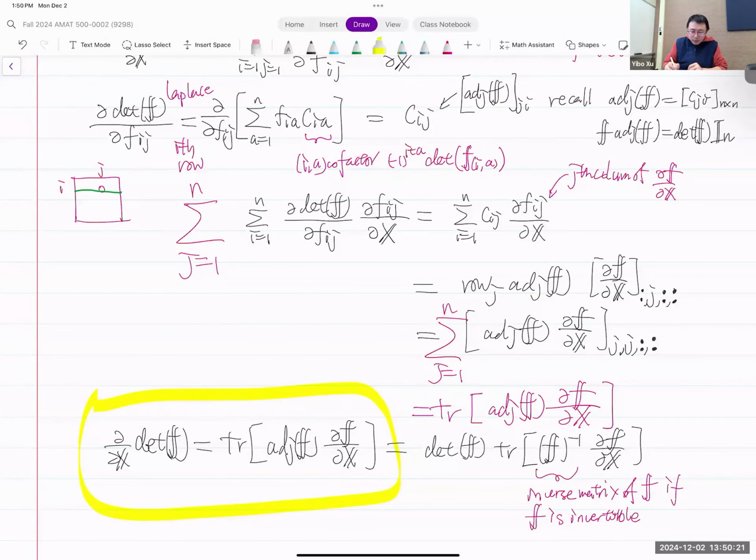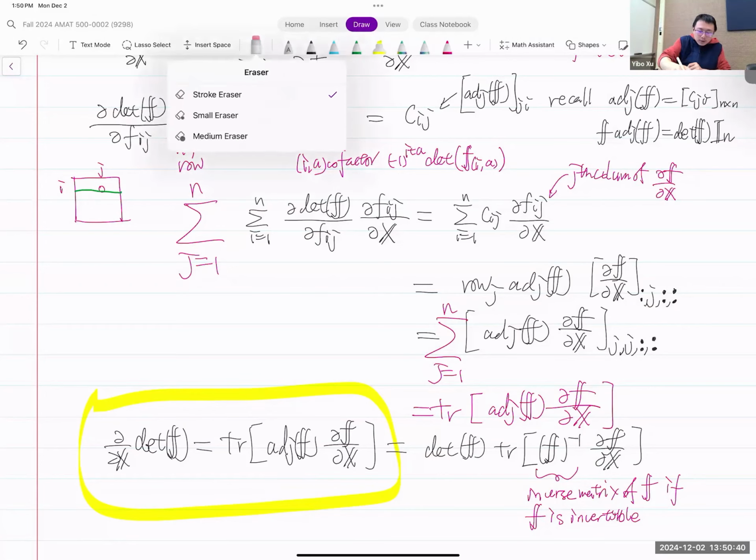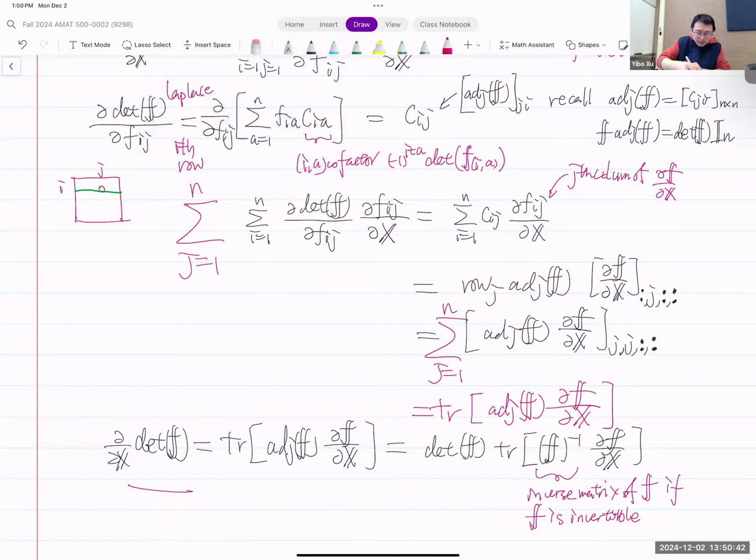But of course, the aggregate matrix is kind of complicated. That's why some people just rewrite the aggregate matrix as F inverse times the determinant, and then take the determinant out. Since you are differentiating the determinant, if you still get the determinant expression out, that's probably nicer for the meaning of the expression.